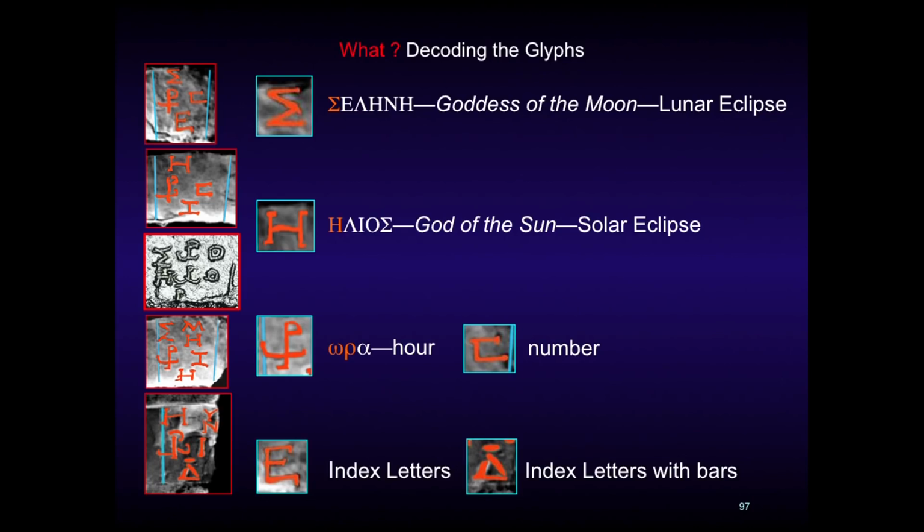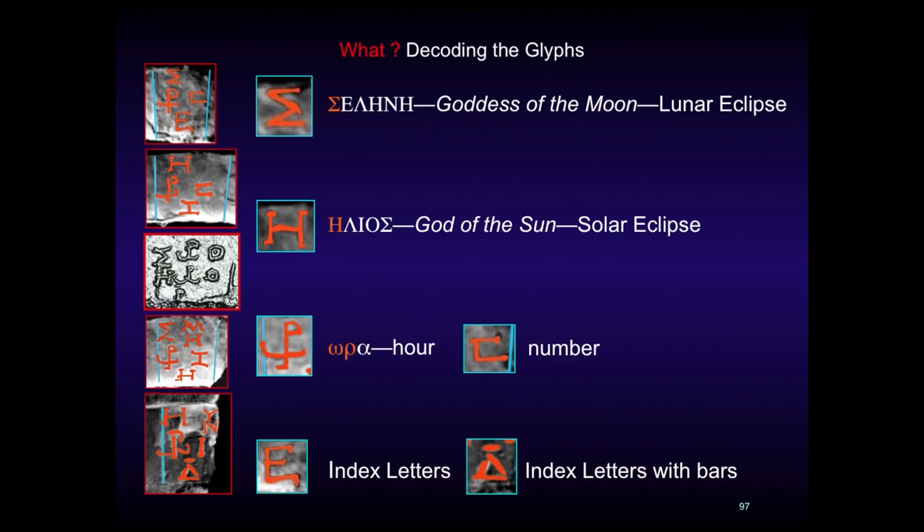Now, at the bottom of all these glyphs, there was another letter, which I'd seen, but I hadn't understood. And after our first paper was published in Nature, a very distinguished historian of ancient astronomy, Professor Alexander Jones, came to our conference that we organized, and he told me something that I'd missed about these letters.